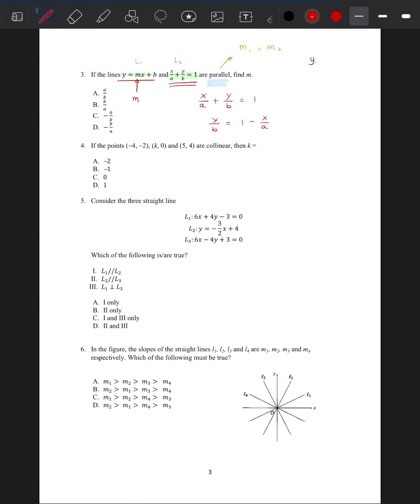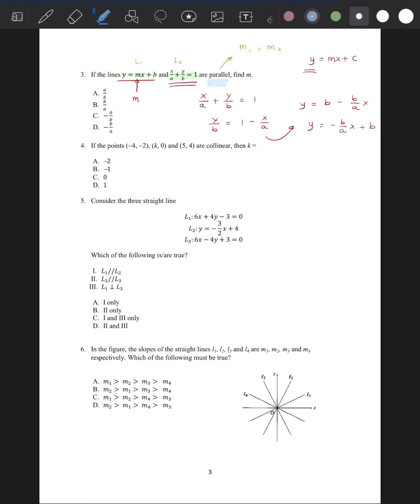So remember, we want it to be y equals mx plus c. So your left hand side can only have y there. So therefore, here y equals b minus b over a times x. And just to make it in the form of mx plus c, so it's easier to look at.